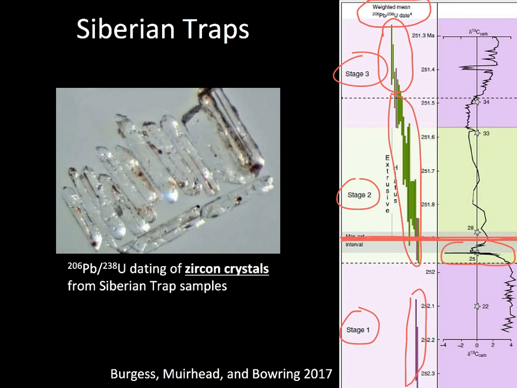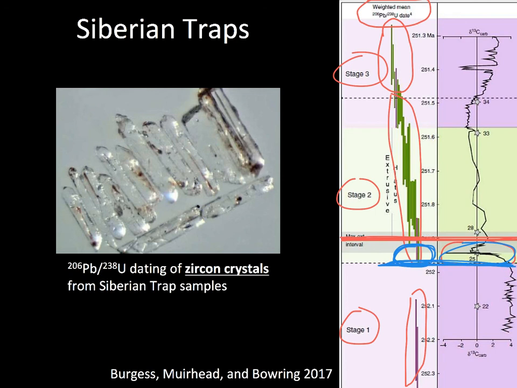And the cool thing about this is you can see that the delta C13 excursion here and the onset of stage 2, the most massive stage of the Siberian traps, are very coincident. And it's that type of association that scientists are looking for when they're looking for causation. And it's important to note that correlation doesn't imply causation, but that's the evidence that they have.